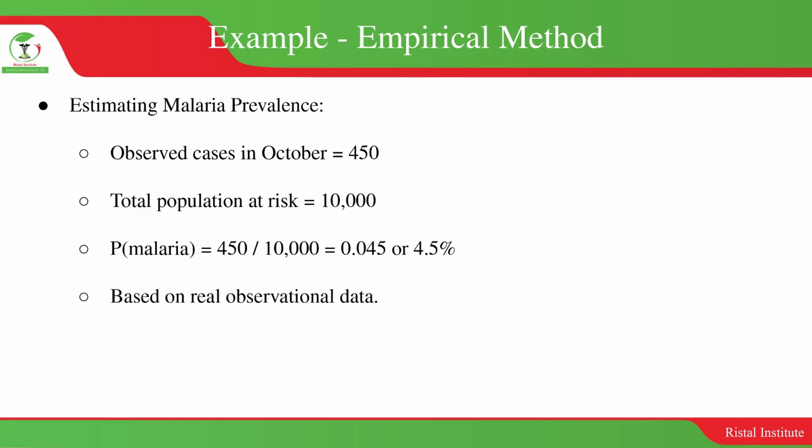So to determine the prevalence of malaria, you should have observational data on malaria. Say malaria cases in the month of October were 4,050 positive cases.